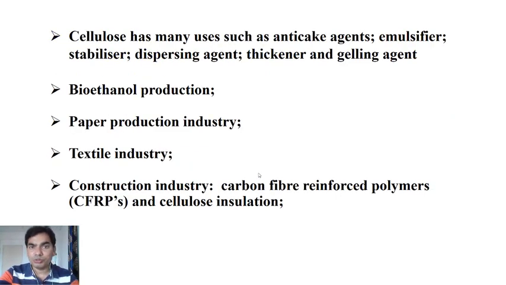Cellulose has many uses, such as anti-caking agent, emulsifier, stabilizer, depressing agent, thickener, gelling agent, and also bioethanol production, paper production industry, textile industry, construction industry, carbon fibers, reinforced polymers, and cellulose insulation. Also at home, in the RO system, we use a cellulose-based membrane to avoid bacteria and some small contamination in the water.